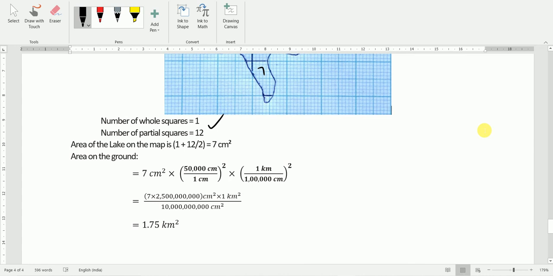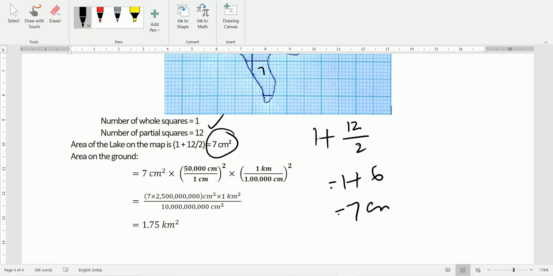And that is why the area on the map is 7 square centimeter. That is 1 plus 12 by 2, which is equal to 1 plus 6, that is 7 square centimeter.